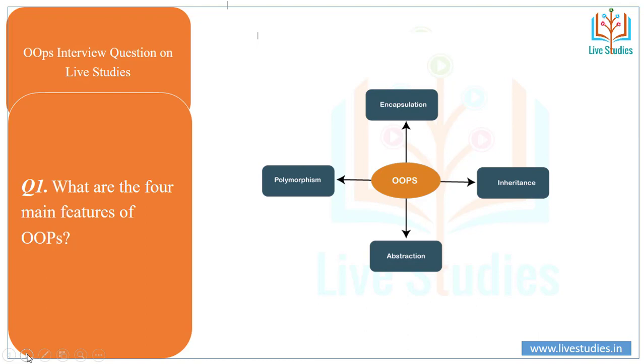The first one is abstraction. Abstraction means hiding internal implementation and just highlighting the set of services.